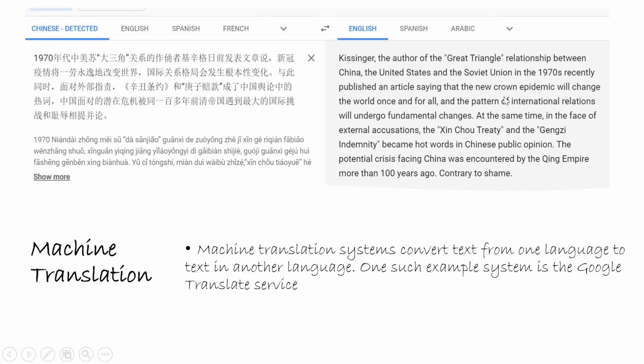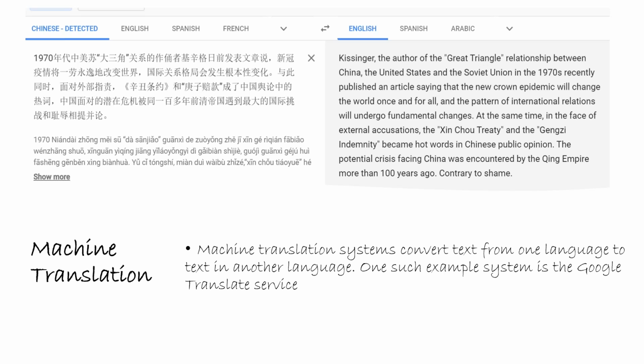So if you see here, the Chinese sentence is easily getting translated to the desired language, whatever language we chose to translate it to. Machine translation systems convert text from one language to text in another language.